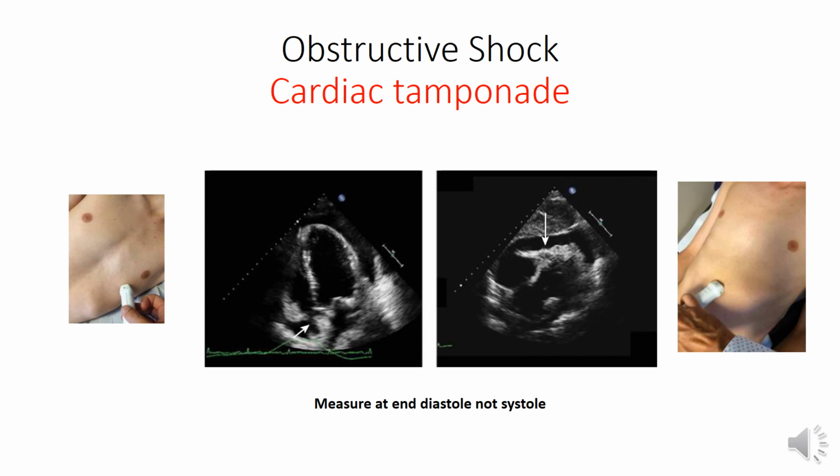The cutoff point is 1 centimeter or more of fluid related to the right ventricle at end diastole, as we said, because if we measure it at systole, we might get a slightly falsely reassuring reading, and when we put a needle inside this effusion, we get into the right ventricle instead of the effusion. So we measure the effusion, as we stressed before, at end diastole.